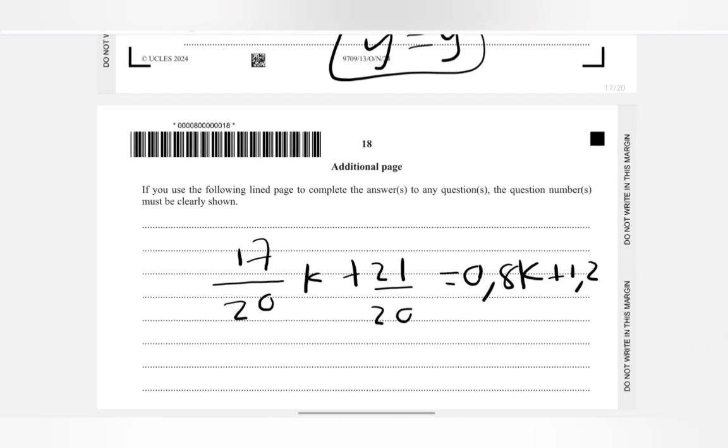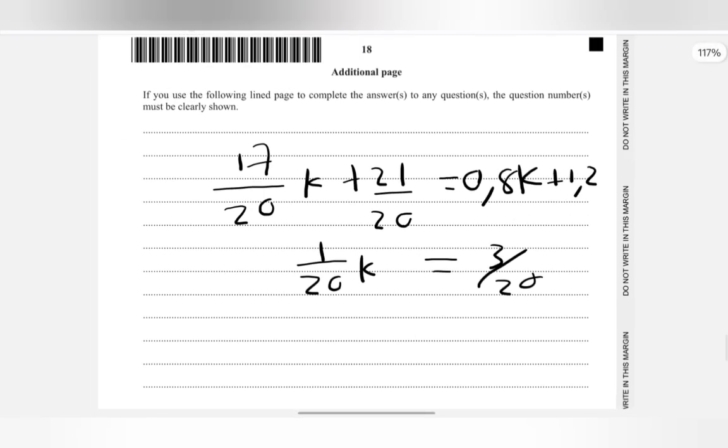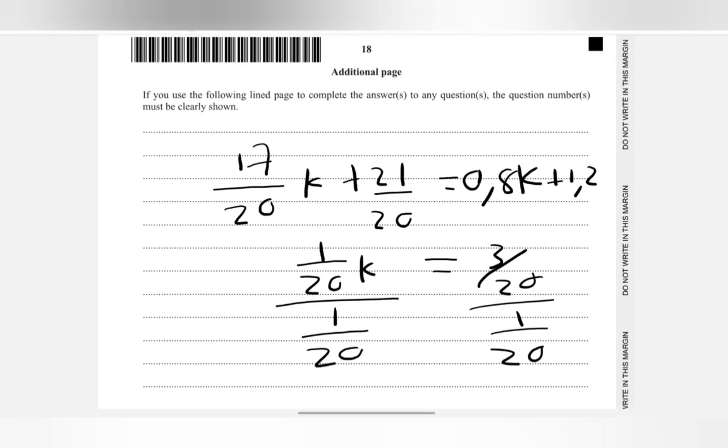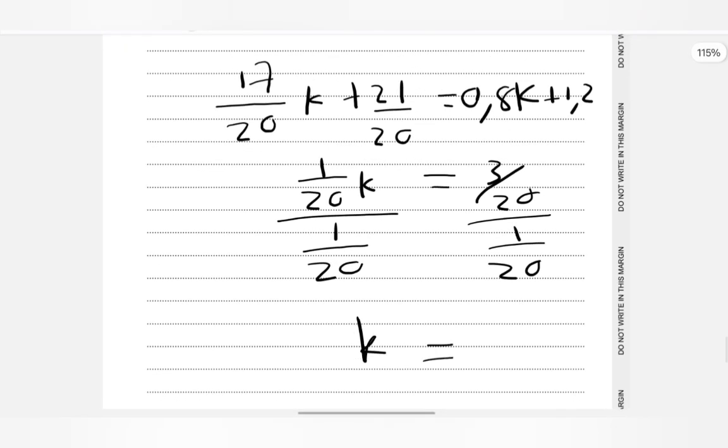Alright, 17 over 20 minus 0.8, that's 1 over 20 k, is equal to 1.2 minus 21 over 20, that's 3 over 20. And if we divide both sides by 1 over 20, we get our k to be 3.